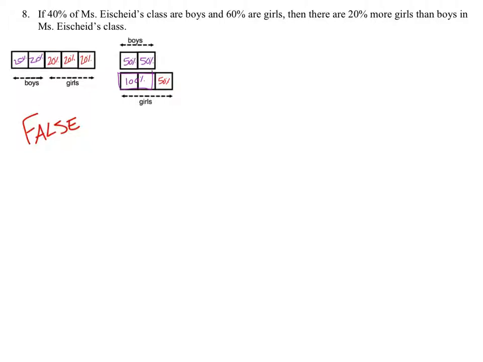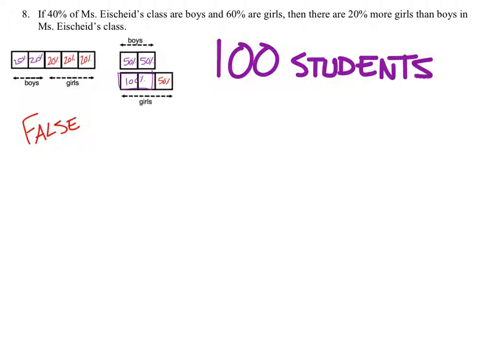All right, so here's the thing on these. Let's say that there are 100 students in this class. So we're going to look at this a little differently. There's a reason I'm using 100 specifically, so that when I divide this up, it's going to happen very evenly.